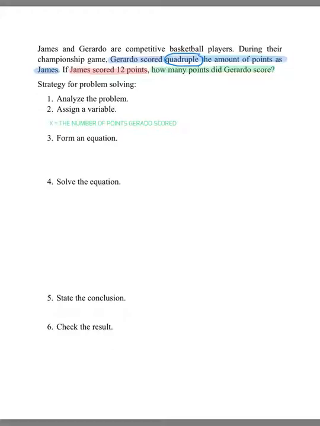So now let's suppose Gerardo and James scored the same amount of points. So if they scored the same amount of points, then since James scored 12, Gerardo also scored 12. Now let's suppose Gerardo scored twice the amount of James.